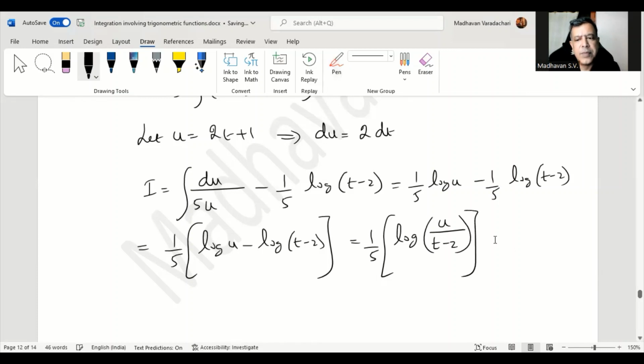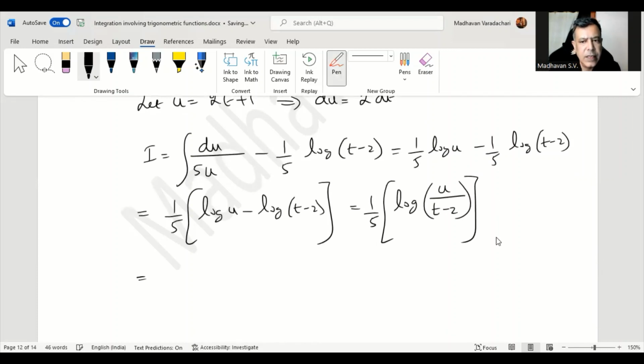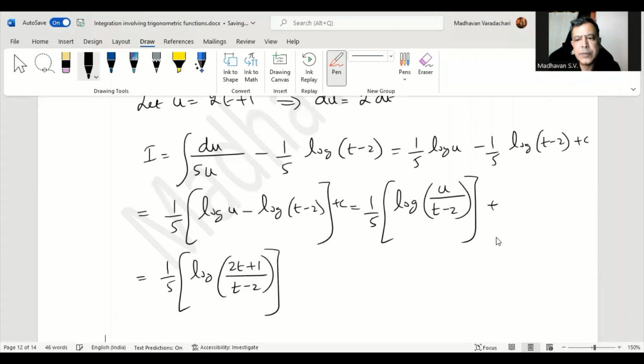Now let us substitute back all this. First of all, u is nothing but 2t plus 1. So it is logarithm of 2t plus 1 by t minus 2. Here let me put plus constant c. Now we need to substitute whatever relevant value of that t.